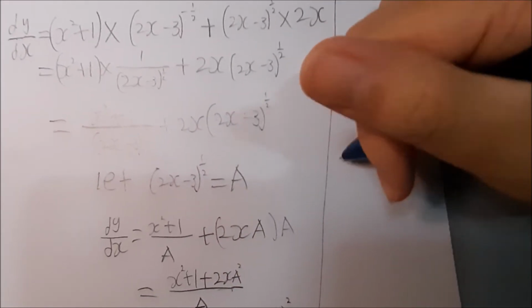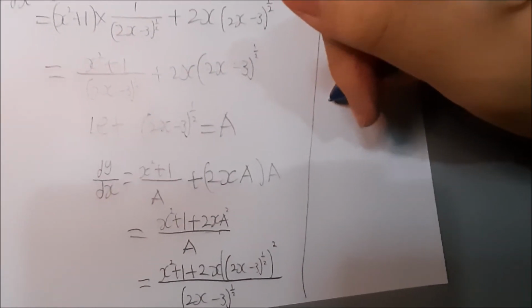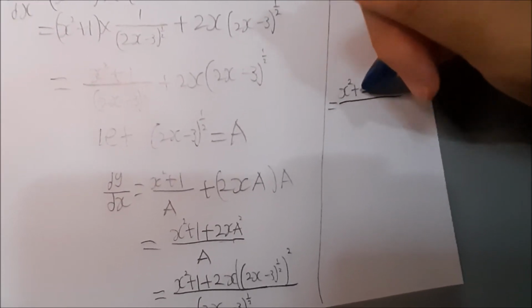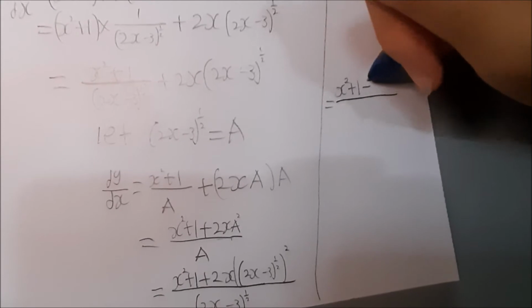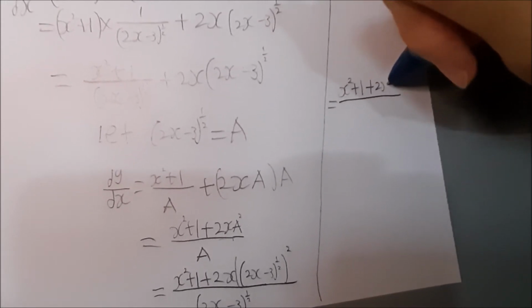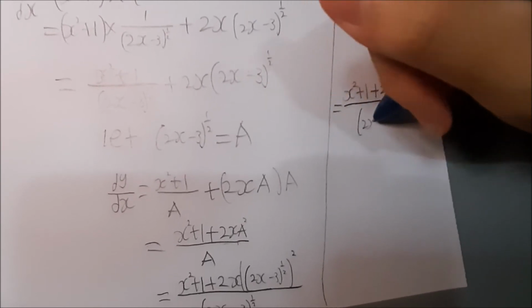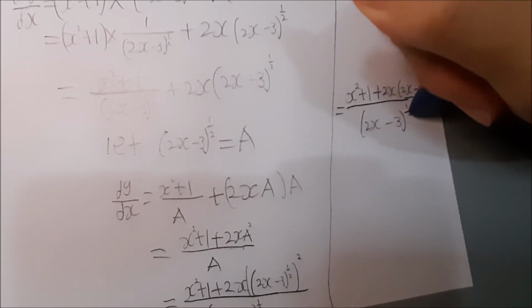And now if I simplify this, you get x squared plus 1 plus 2x times 2x minus 3 divided by 2x minus 3 to the power of half.